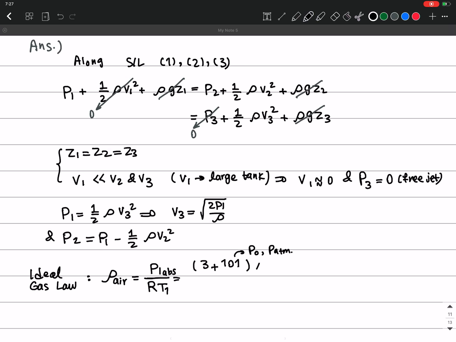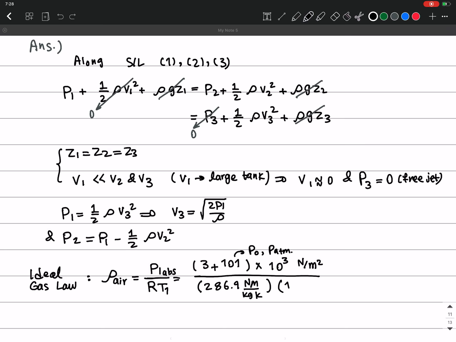And then times 10 to the 3 Pascal, or Newton per meter square, because this is a kilopascal, over R, which is the gas constant, 286.9 Newton meter over kilogram Kelvin, times T1, which in the ideal gas law should be in Kelvin.